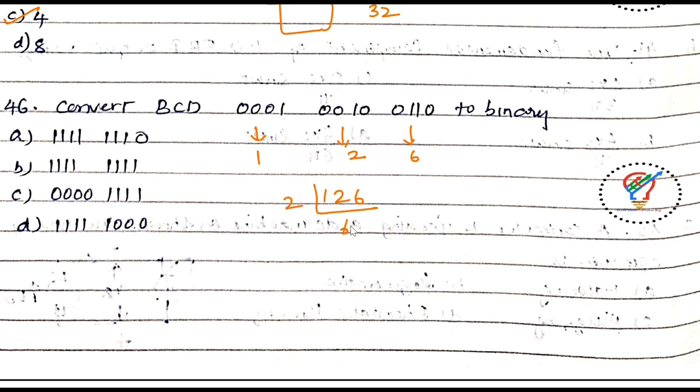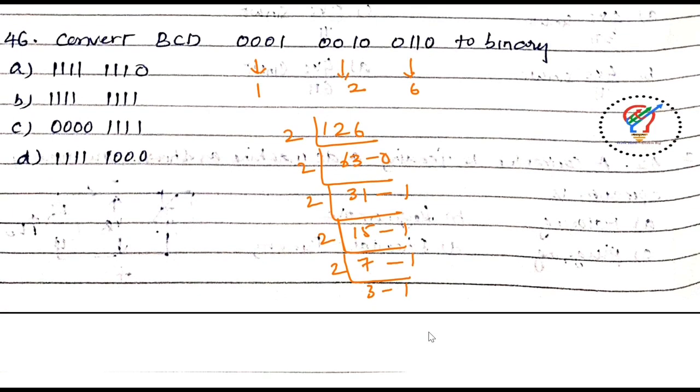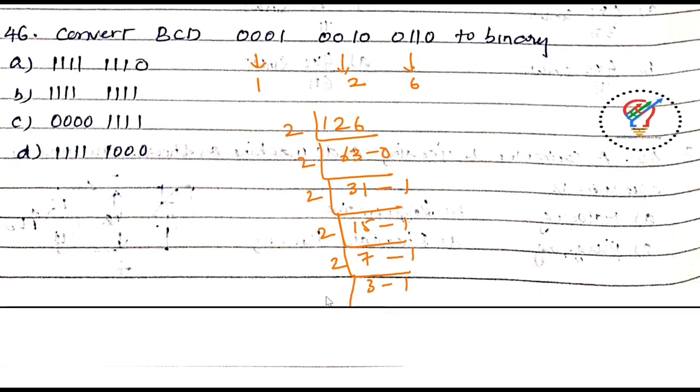So 2 63 remainder 0. 2 31 remainder 1, 2 15 remainder 1, 2 7 remainder 1, 2 3 remainder 1, and like that, if you keep doing it, you will again have 1 here.